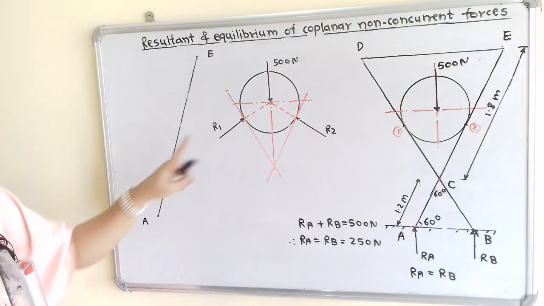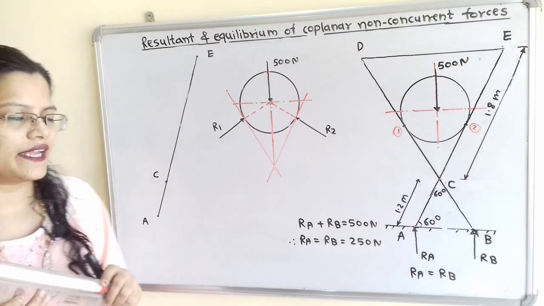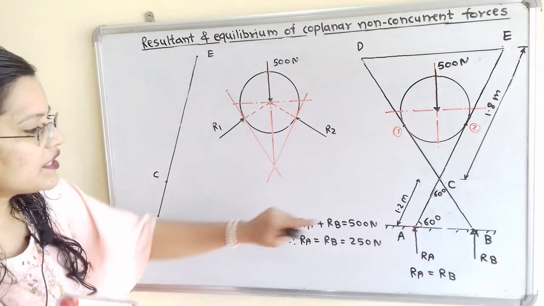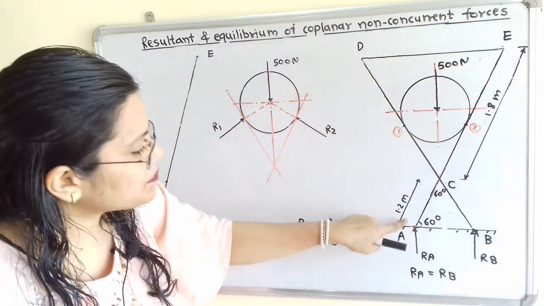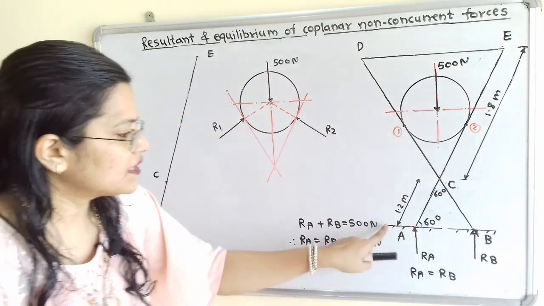Now how do we find the angle that R1 and R2 make with the vertical line? If we observe here, AE is making an angle of 60 degrees with the horizontal surface AB.